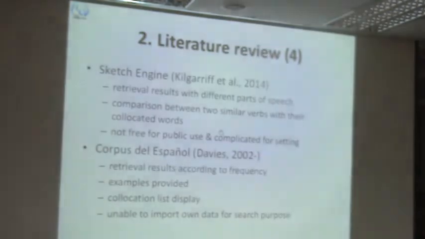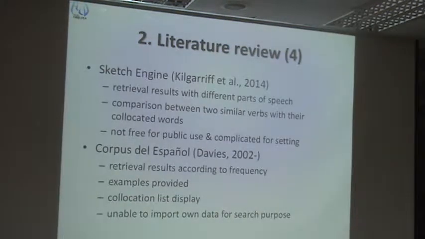Part of speech is that we can know the word is a noun or verb, adjective, adverb, etc. Second, it provides a comparison between two similar verbs with their collocated words. But it's not free for public use. If we want to use this collocation tool, we might pay some fee in order to use it. And also the setting is very complicated, so it's not very user-friendly.